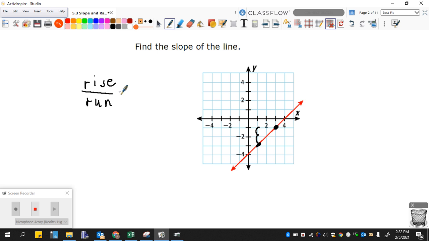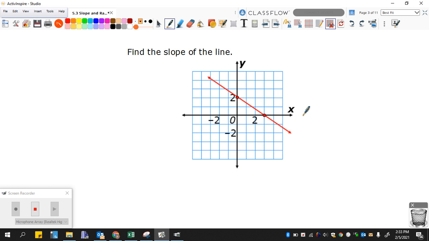So rise is 2, and our run is 1, 2. So the rise over run is 2 over 2, which we all know is the same thing as 1. So this particular line has a slope of positive 1, and we can verify that it's positive because it goes up as we're going left to right.